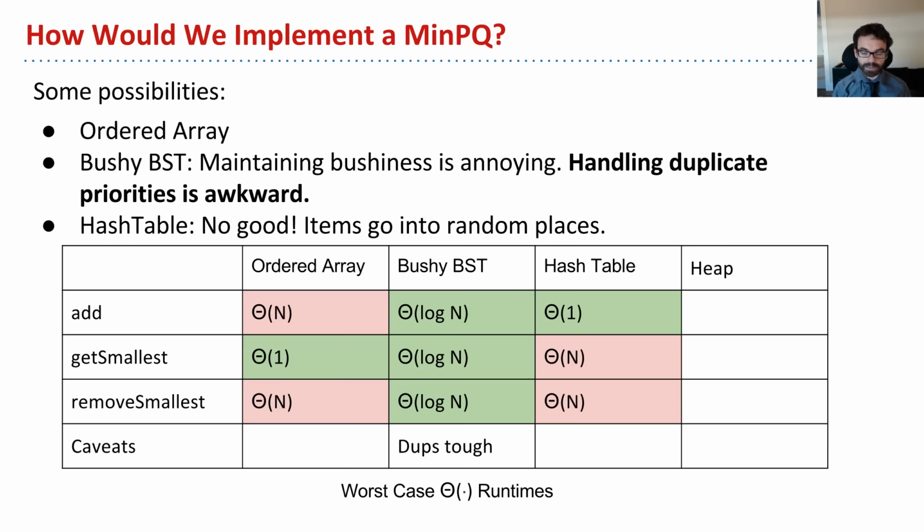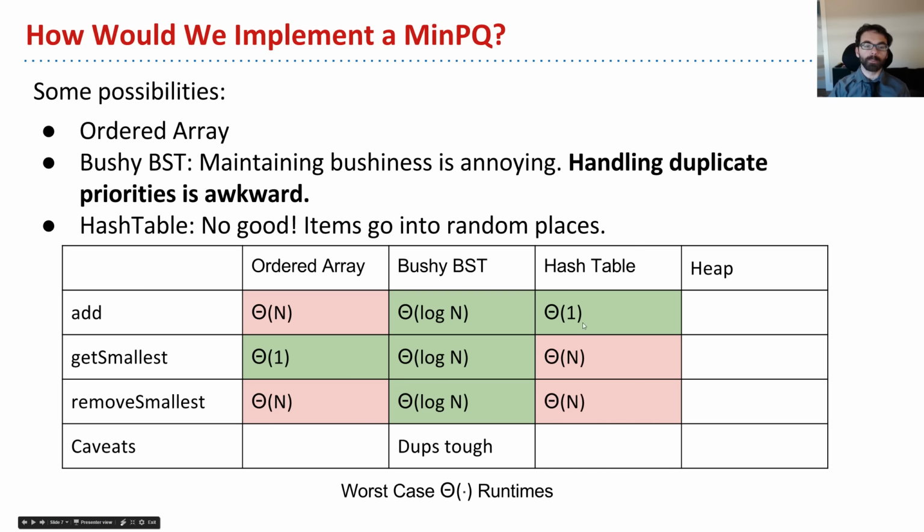So if this screwdriver happens to be exactly size 14, and this happens to be also exactly 14, and I put them both on my sock, it will not work nicely with the binary search tree. There's no way to have two copies of the same thing. You can adapt the binary search tree idea to allow duplicates, but it's just not quite as nice as the idea we're going to have known as a heap.